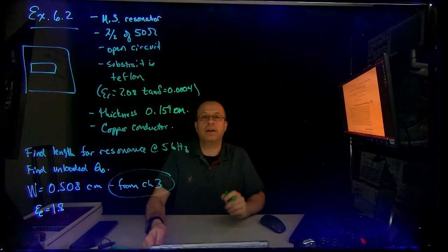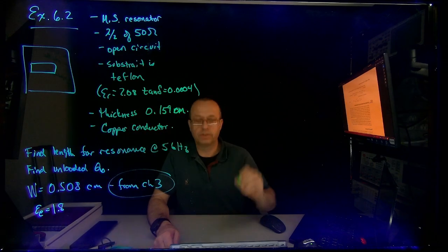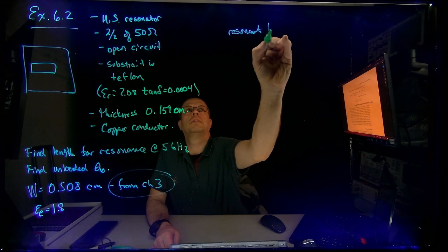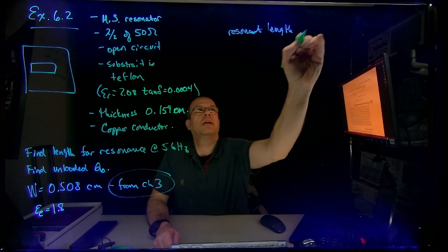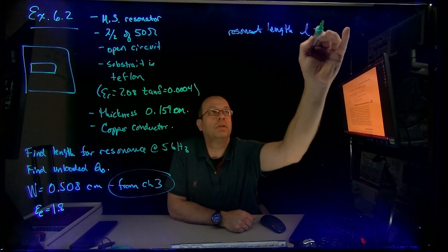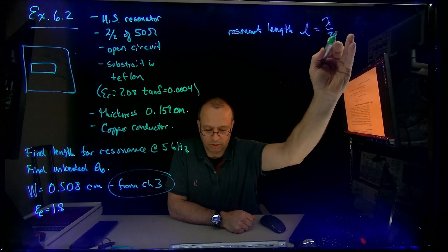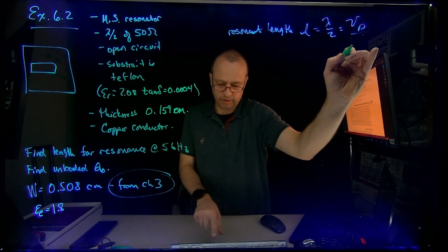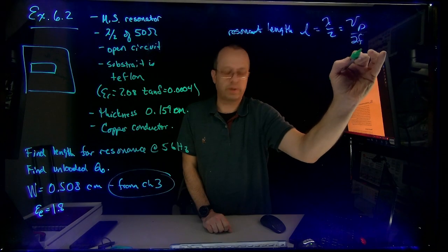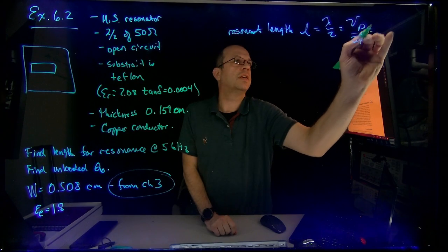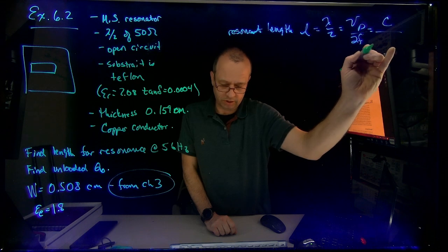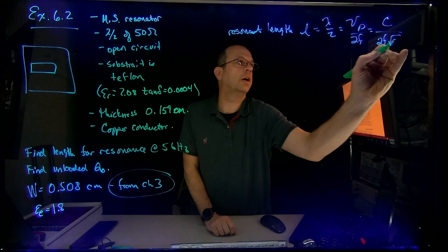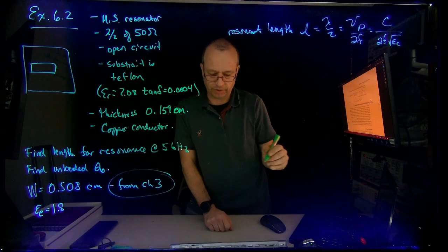We need to calculate the resonant length, right? So the resonant length, L, is equal to lambda over 2, which is our phase velocity over 2 times the frequency, which is equal to C over 2 times F times the square root of the effective permittivity.